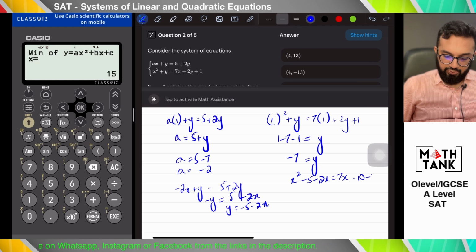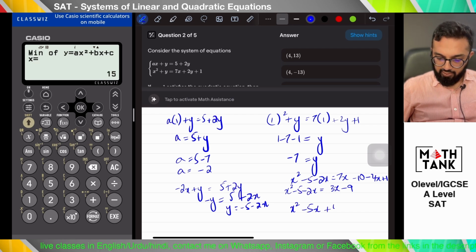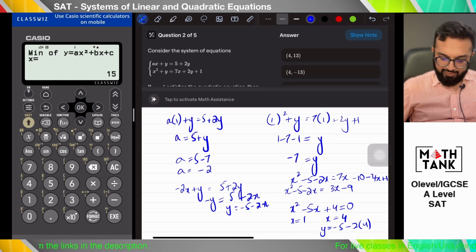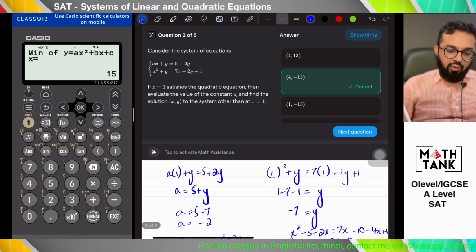Minus 10 minus 4x plus 1. 3x minus 9. X squared minus 5x plus 4. So x equals 1 and x equals 4. When x equals 4, y equals minus 13, I think. That is the correct answer.